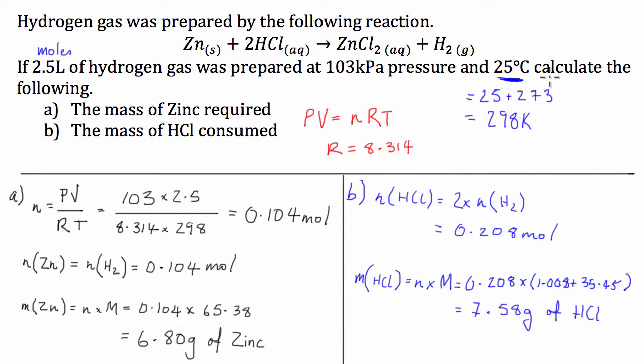Then basically, once you've used the ideal gas law to calculate the number of moles of the gas that is produced by the reaction, you just use the balanced equation to find the molar ratios of all the other reactants. And once you've done that, it's quite a simple process of just multiplying the number of moles of each by their molar masses to come out with the mass of each required, consumed, etc., etc.